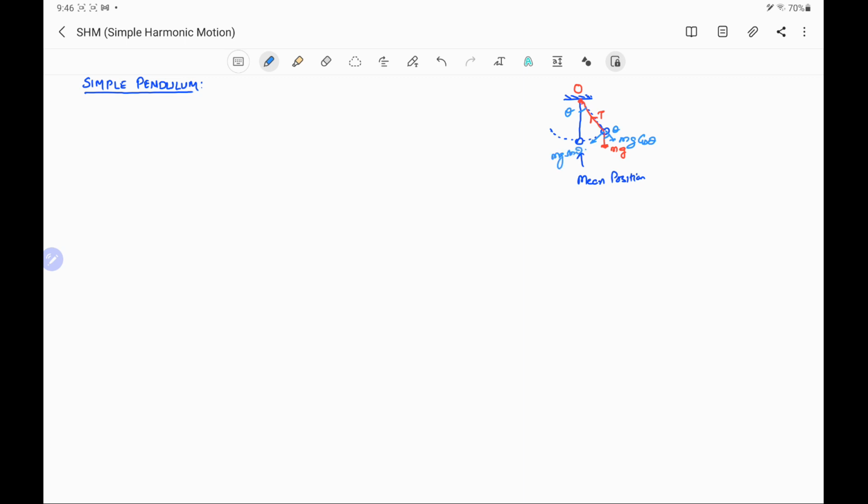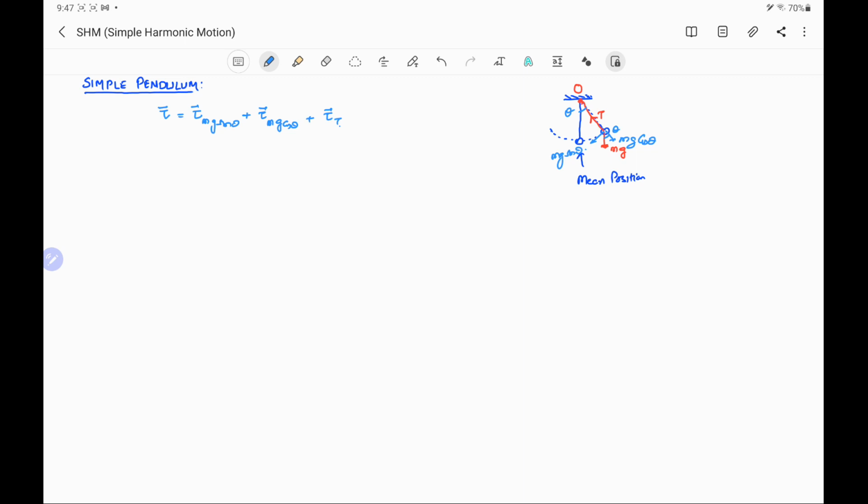Now if we check the torque on the bob about the point O, this torque will be equal to the torque due to the component mg sin theta plus, and this is a vector quantity, the torque due to mg cos theta and the torque due to tension.